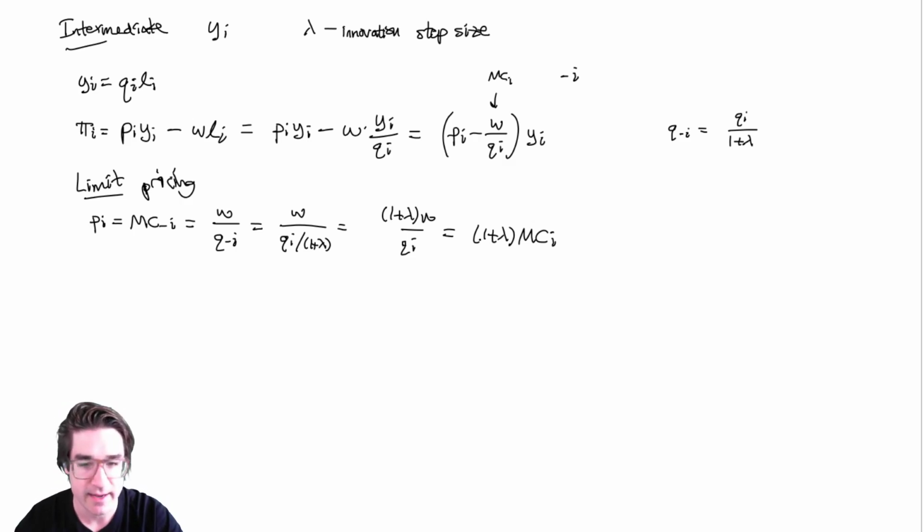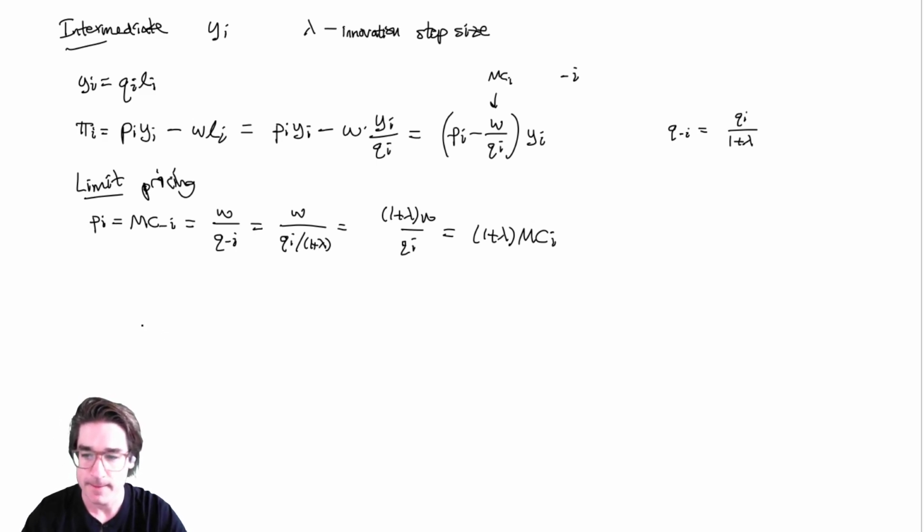So things kind of work out. The idea is they're going to set this price. If you want to think about it in terms of quantities, they're going to produce enough YI so that the price is low enough that the trailing firm doesn't want to enter. They keep their volume high enough to keep the price low enough to keep the trailing firm out.